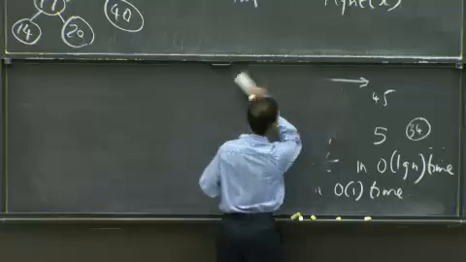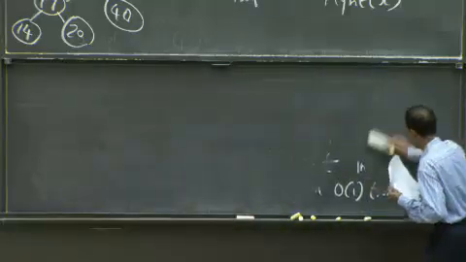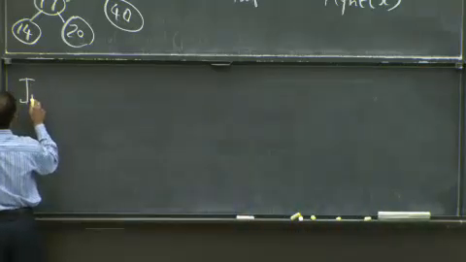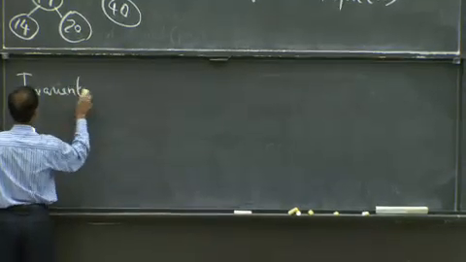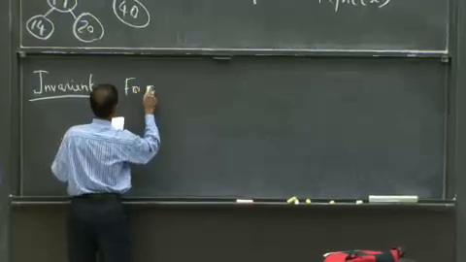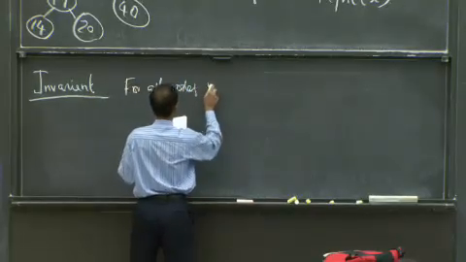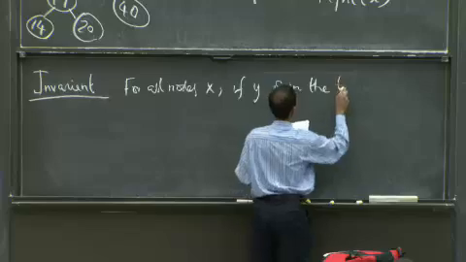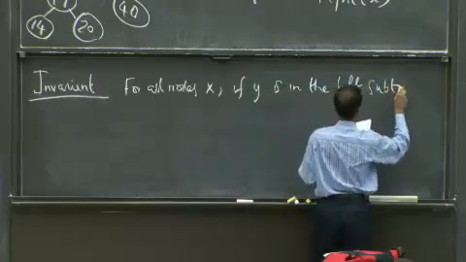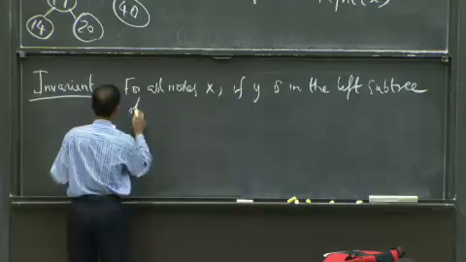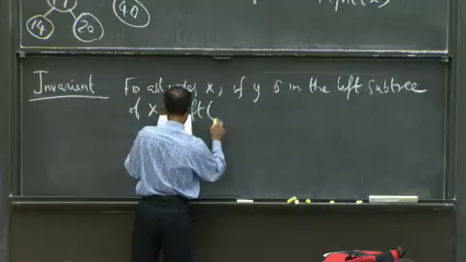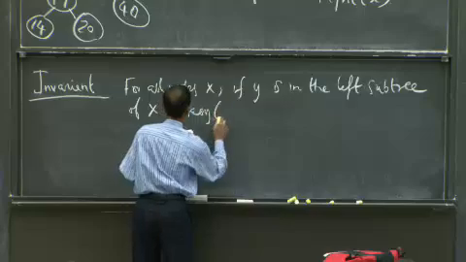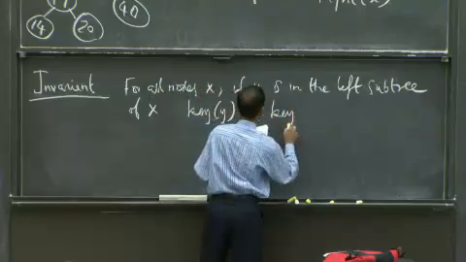for a BST. What makes a BST is that you have an ordering of the key values that satisfy the invariant that for all nodes x, if y is in the left subtree of x, we have, if it's in the left subtree, then key of y is less than or equal to key of x.